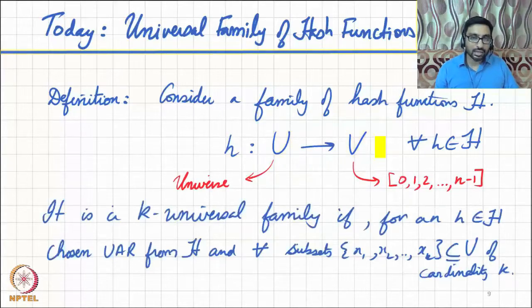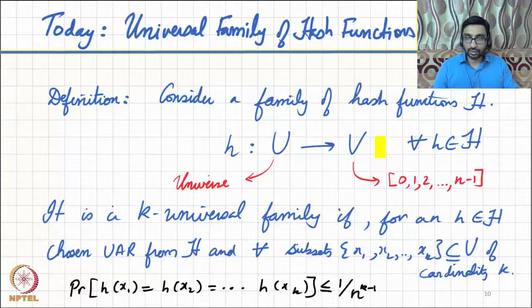And such a family is going to be called a k-universal family of hash functions if the following condition applies. So now let's say you choose a hash function h uniformly at random from this family. And let's pick x1, x2 up to xk, which is a subset of the universe. And this subset has to be of cardinality at most k.